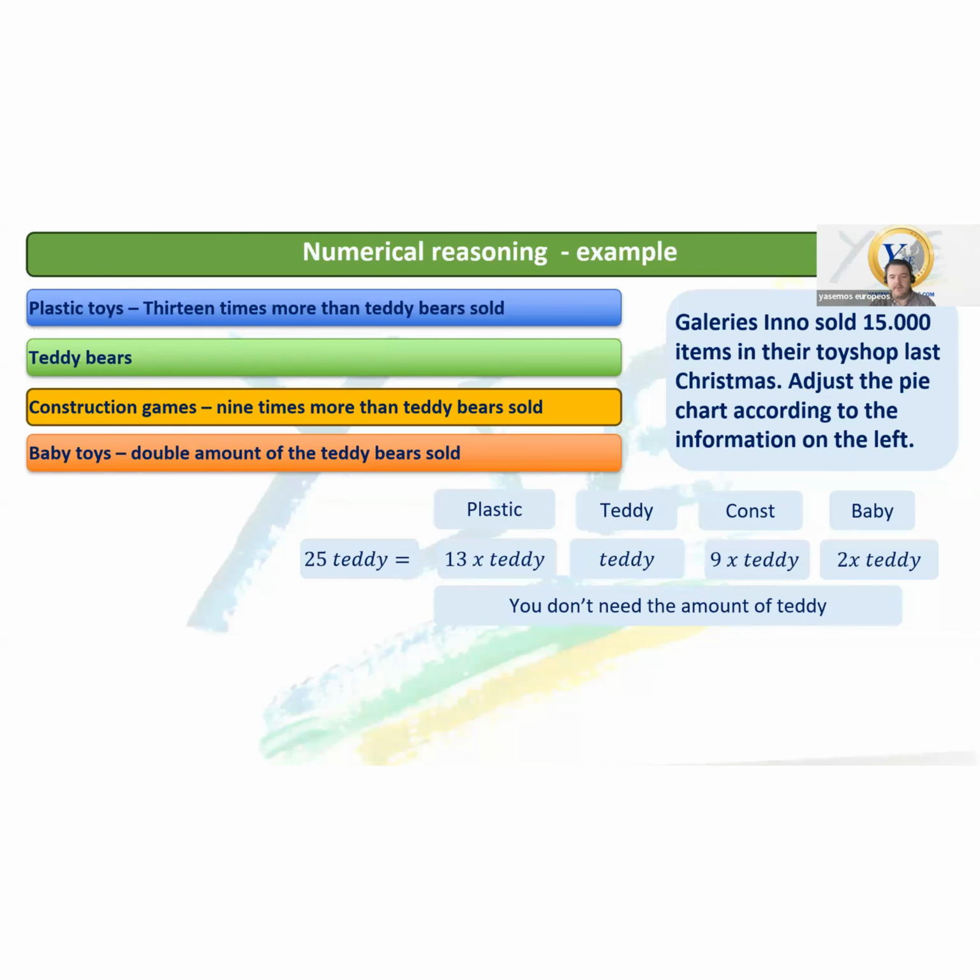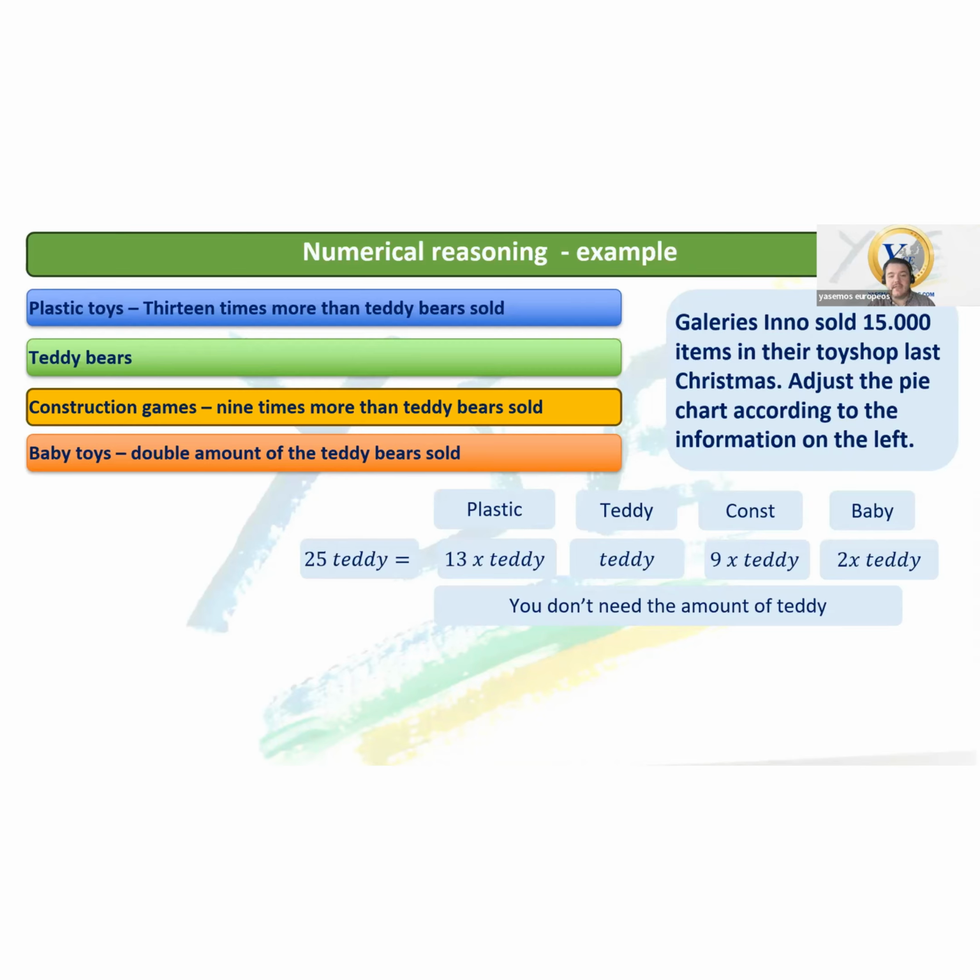And we know that 25T is equal to 15,000. But do we need to calculate teddy? Do we need to divide 15,000 by 25? I don't need to. Because we have the reference of 25, we know that's the whole number, 25T. So we can just do fractions and percentages.